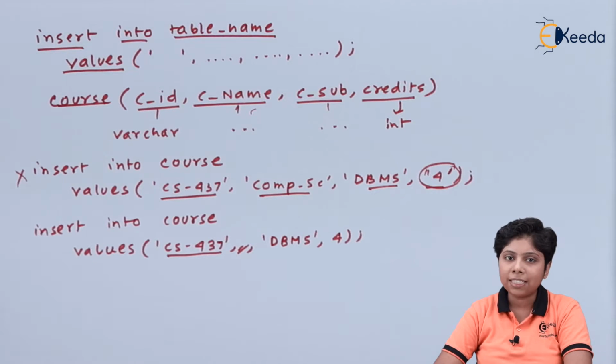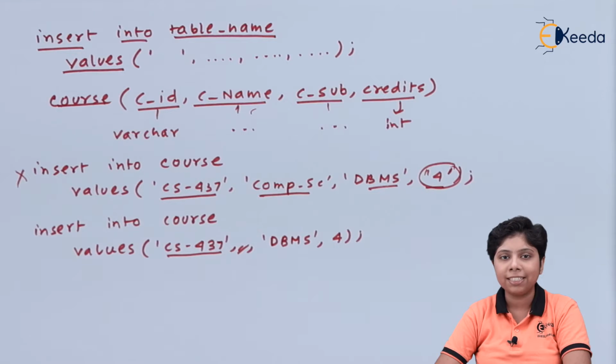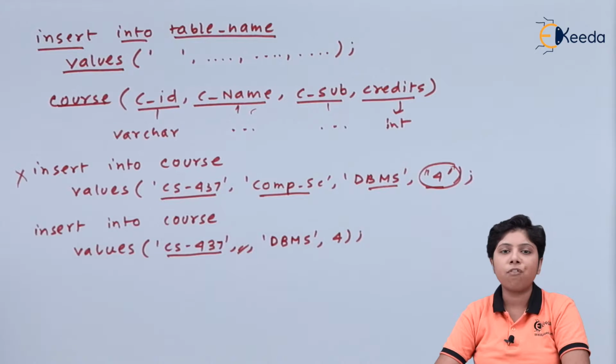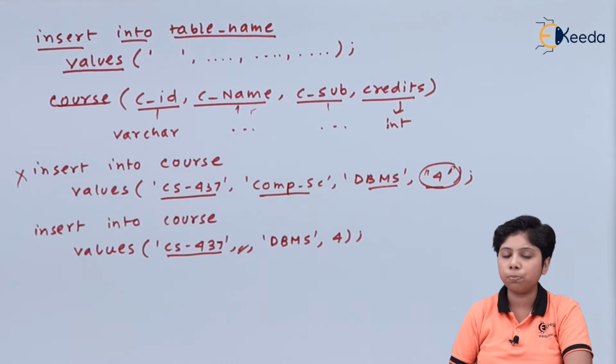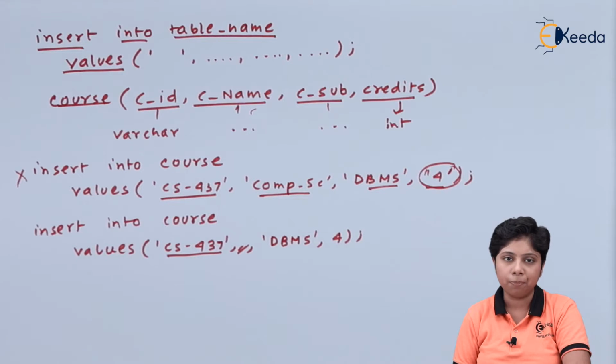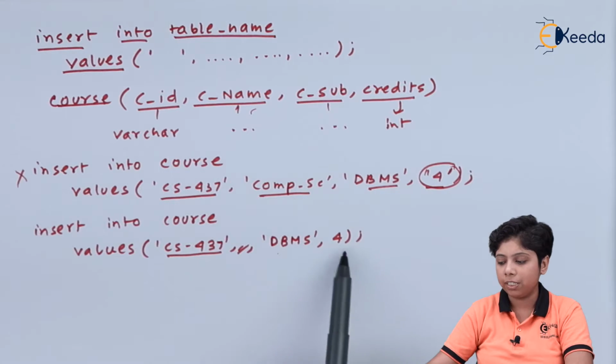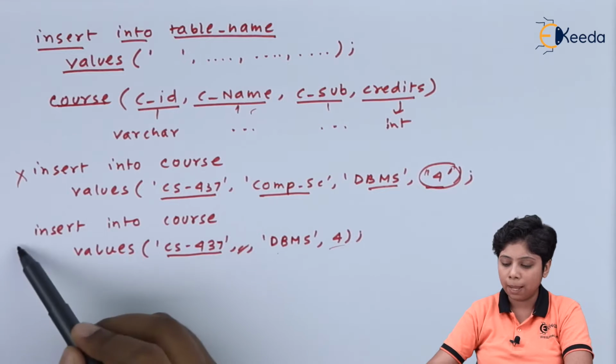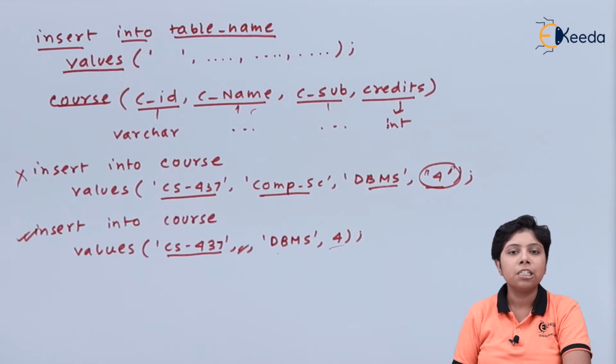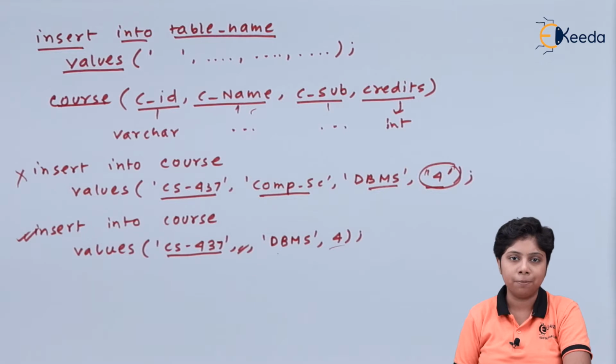And if there lies a default value while defining the schema, the CNAME will take that one. Say a university has only one subject, that is computer science. So we do not need to put computer science in the CNAME. By default computer science will be there. And the subject is DBMS and the credits are the integer 4. So it is absolutely fine to insert a record in the course relation.